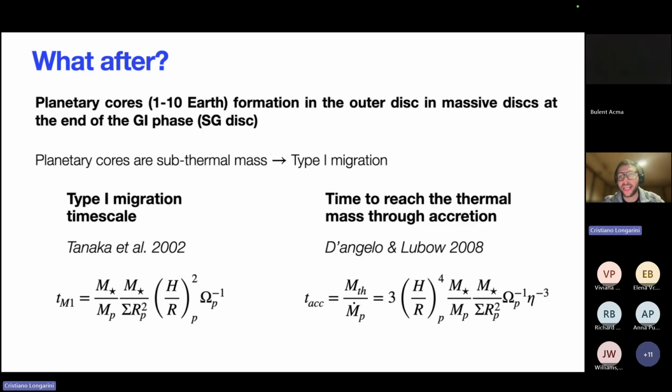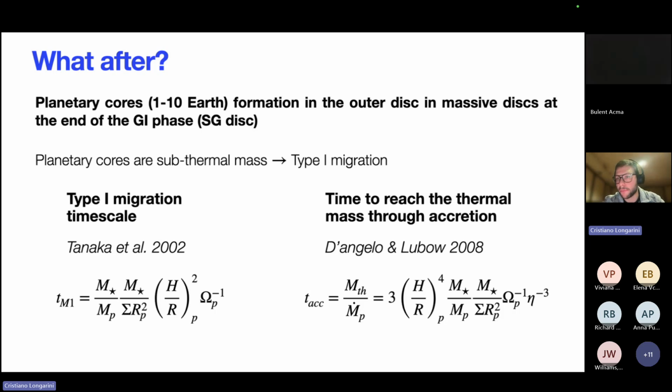And we know that the time scale for type 1 migration is really fast, but at the same time, these planetary cores are in a very dense environment because, as I told you before, these disks are very massive since they are likely to be self-gravitating and gravitationally unstable. And so the time for the planetary core to reach the thermal mass through accretion of gas and then open a gap and stop migration is also pretty fast.